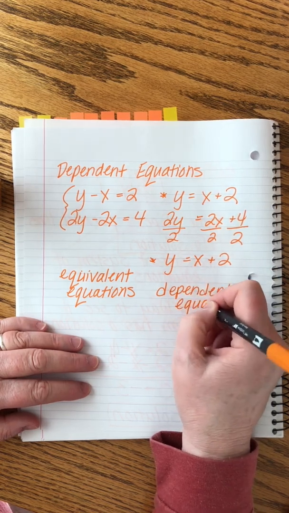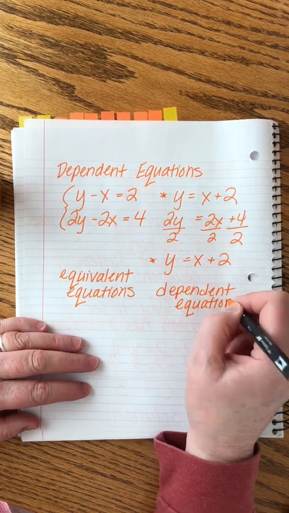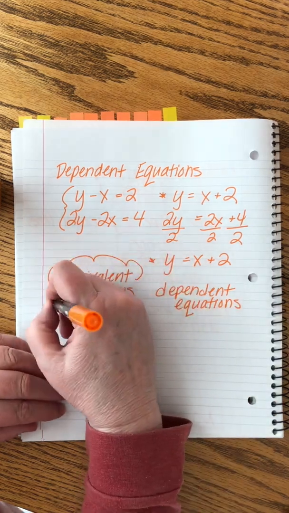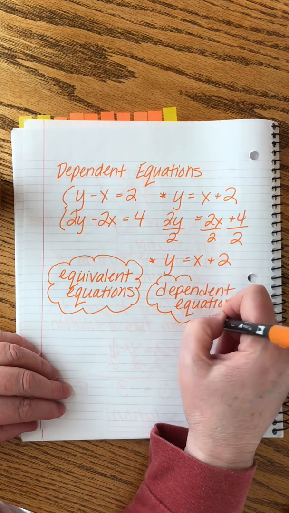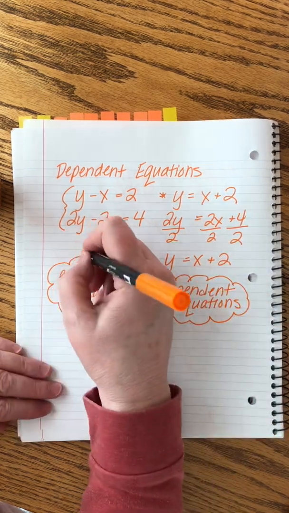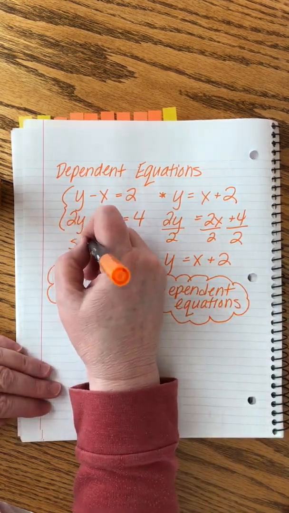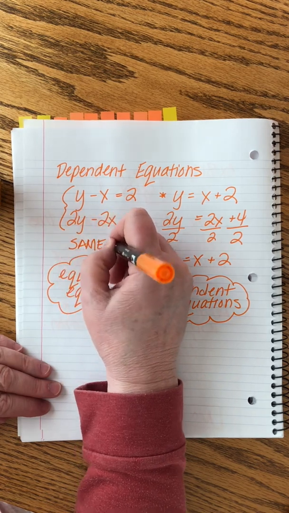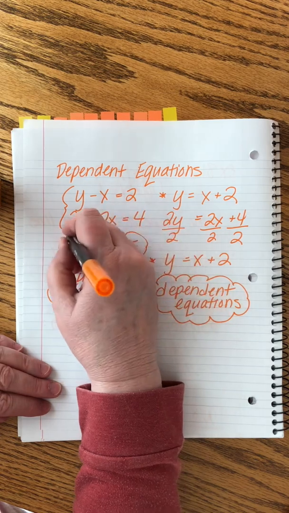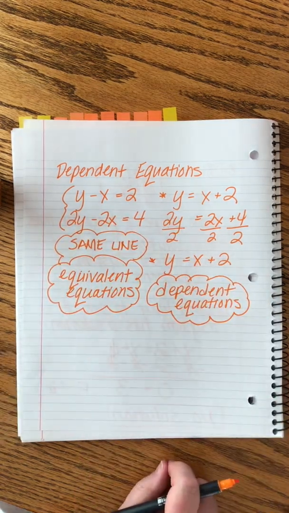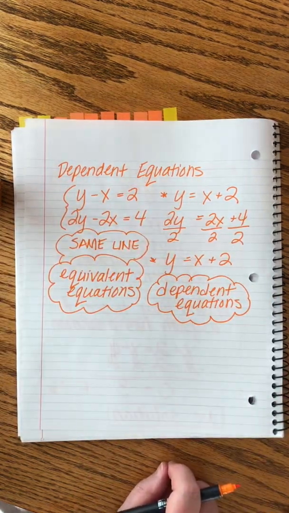It's just another way of saying the same thing. And we know that the important thing here is that they are actually the same line. They're the very same line once you simplify.